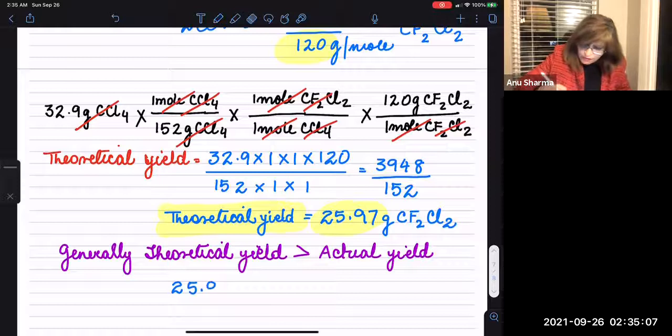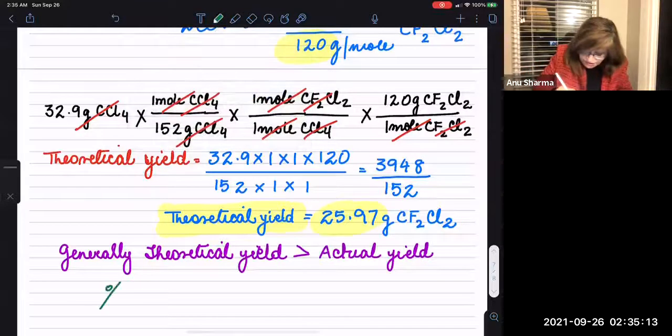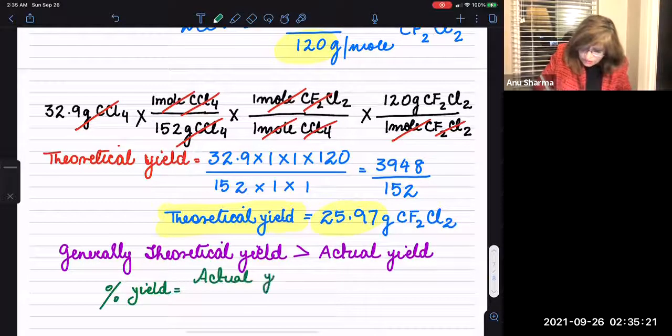Now we have 25.97. The formula is the percentage yield. Percentage yield is equal to actual yield over theoretical yield, times 100%. Always write the formulas, even if it looks trivial.